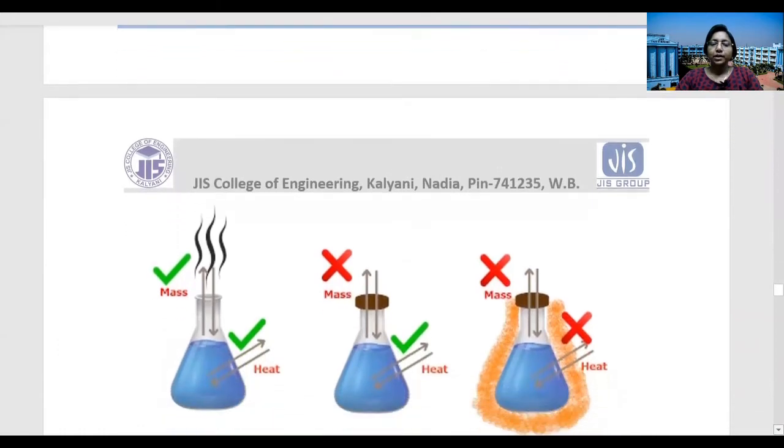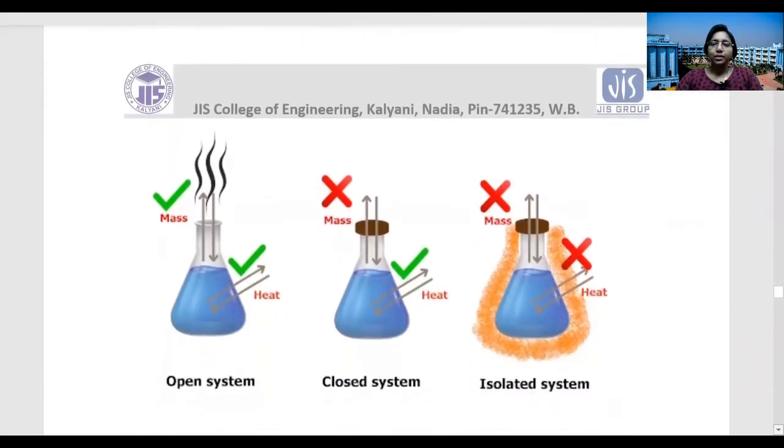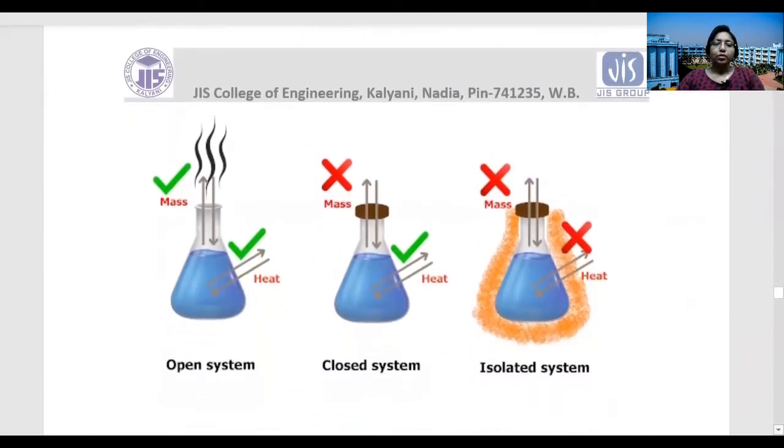Now, look at this example. In the open system, in this conical flask, there is some solution. If you provide heat energy, then it will evaporate. The liquid which is in the solution is going out, so that is the mass transfer.